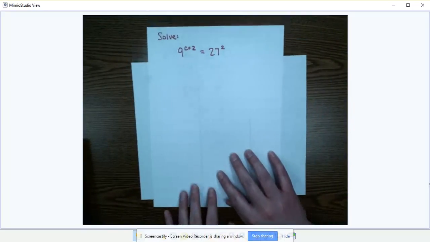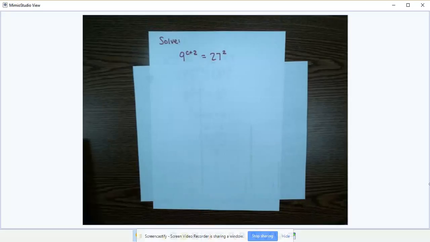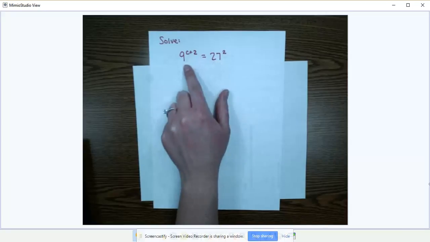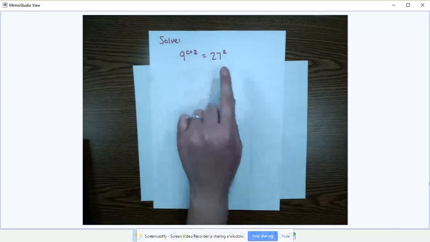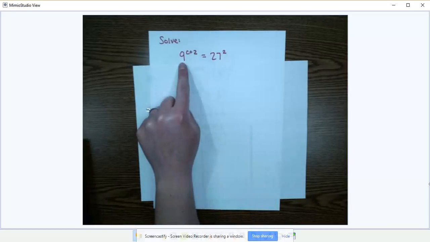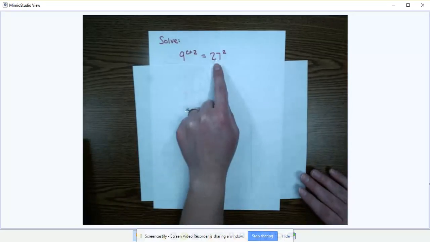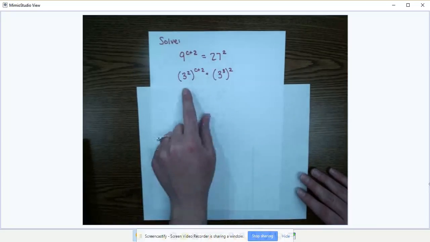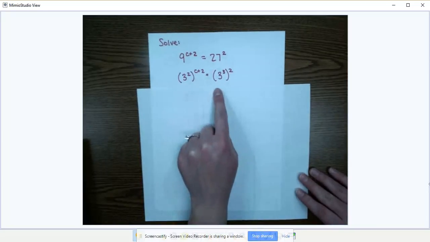Okay, similar, we have 9 to the c plus 2 equals 27 squared. Now, we can't rewrite 27 in terms of 9, but we can rewrite both of these in terms of 3. So if you think about 9, 9 is 3 squared, 27 is 3 cubed. So I rewrite the original problem like this.